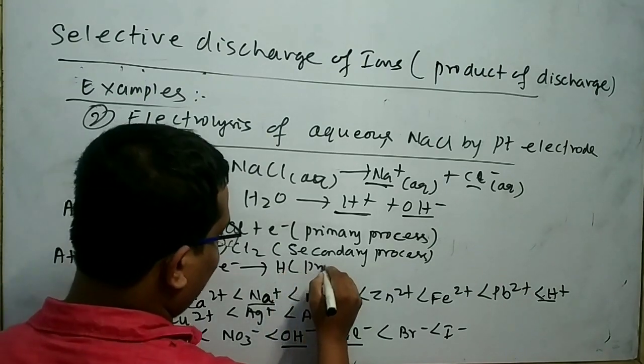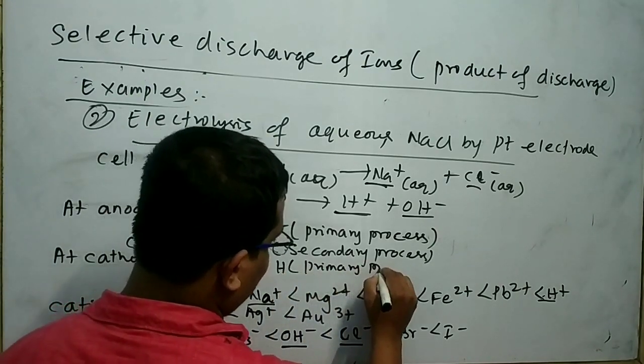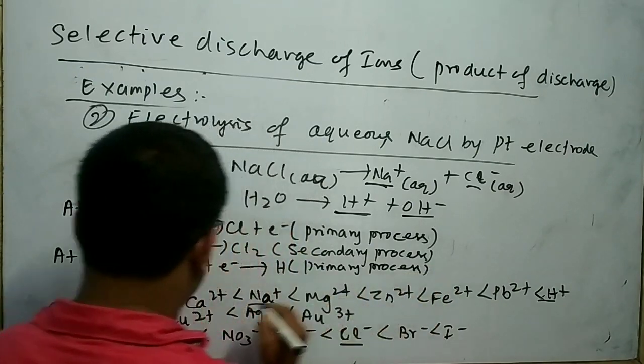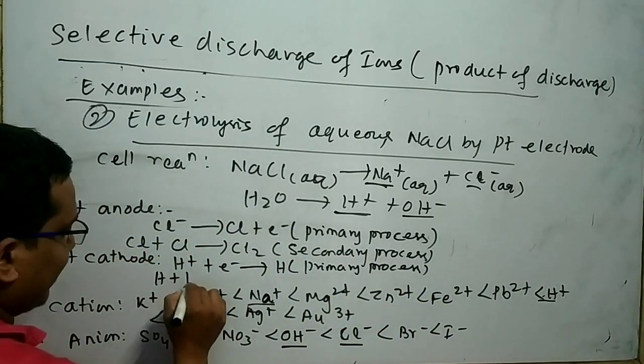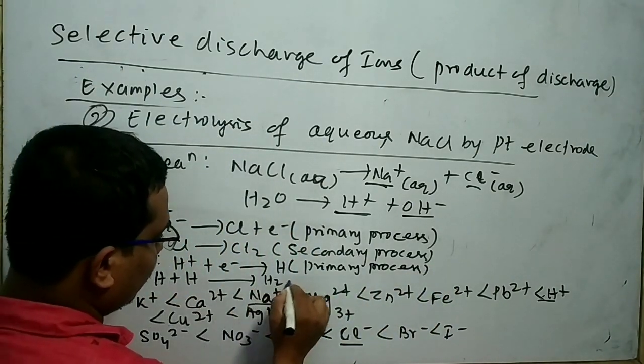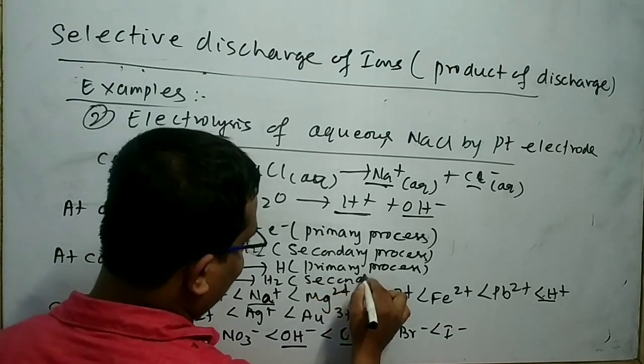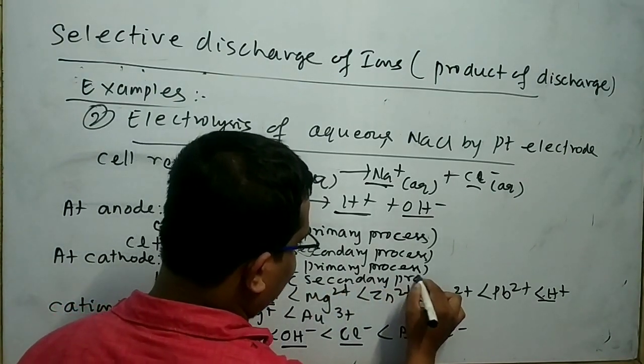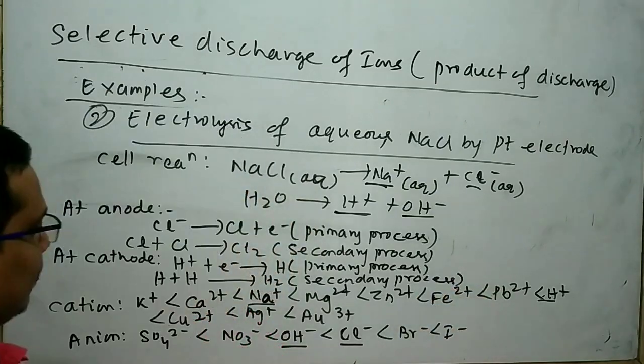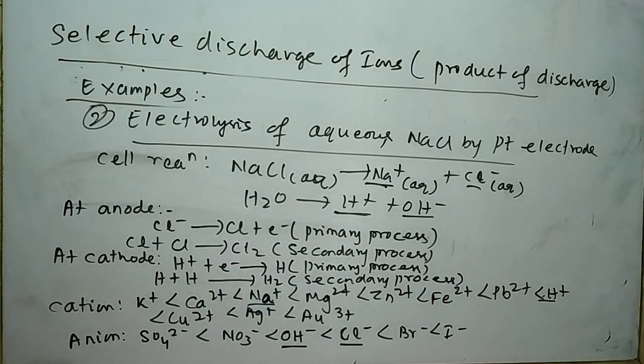This is said to be the primary process. Next, H plus H gives H2. This is the secondary process. If H⁺ discharges first, then this type of reaction takes place at the cathode first.